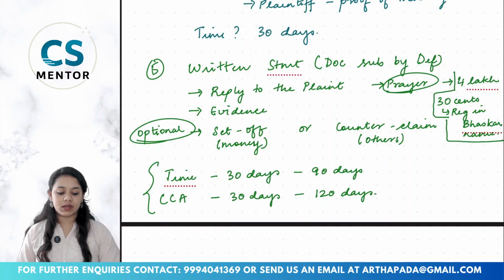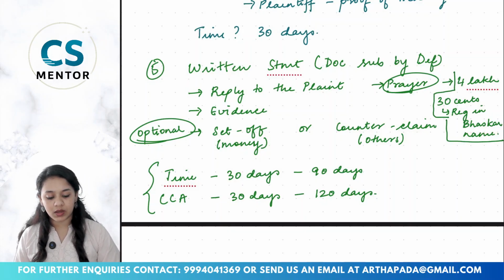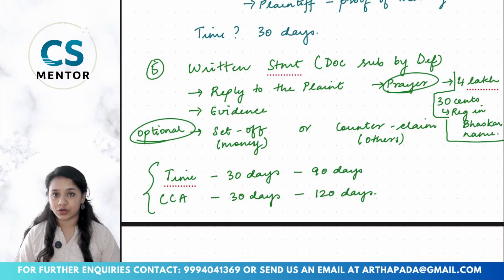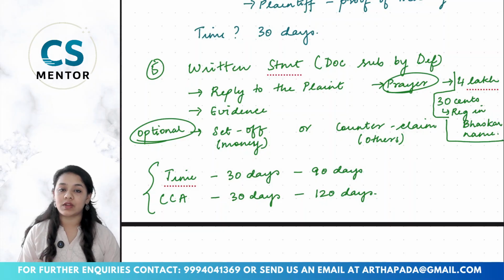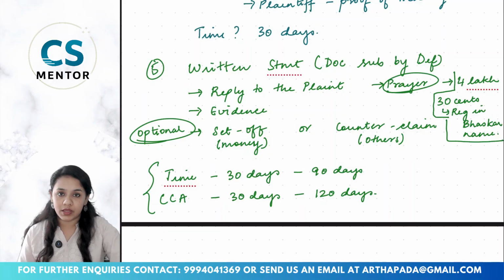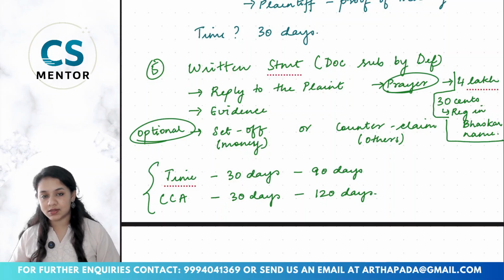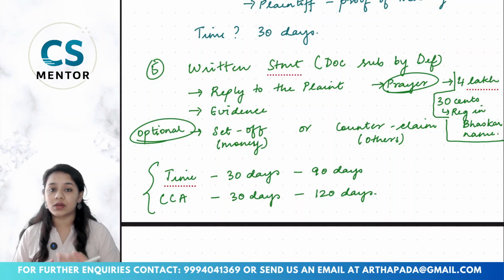Can you all now understand how this is happening? We are seeing this from Bhaskar's point of view, that the 4 lakhs that he incurred has to be given back to him, and the additional 30 cents of land that was required to build the pathway into his property should now be registered in Bhaskar's name. Because Bhaskar is claiming that yes, the sale deed did say a sale of 2 acres of land, but the oral agreement contained 30 cents additionally.